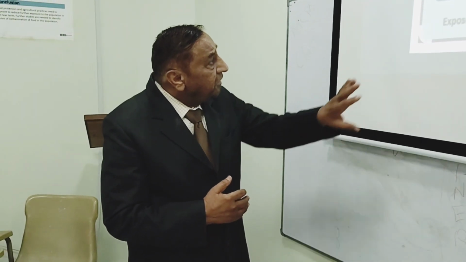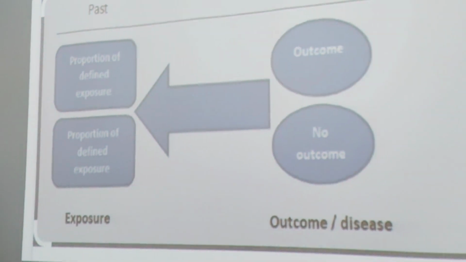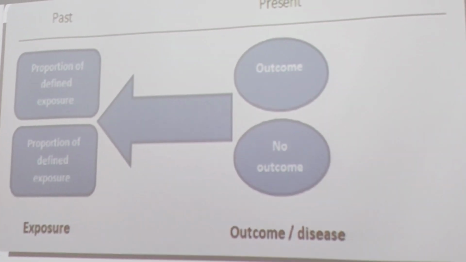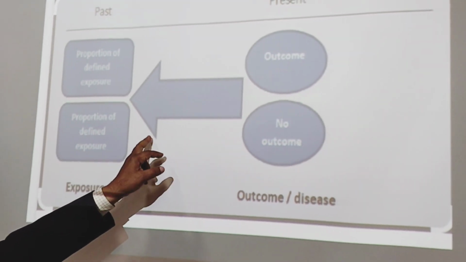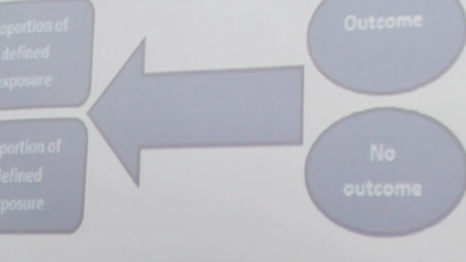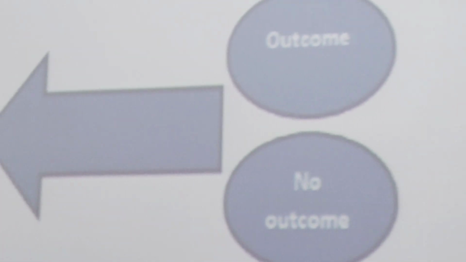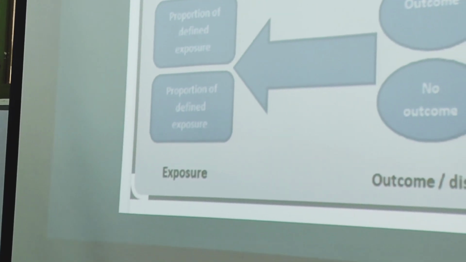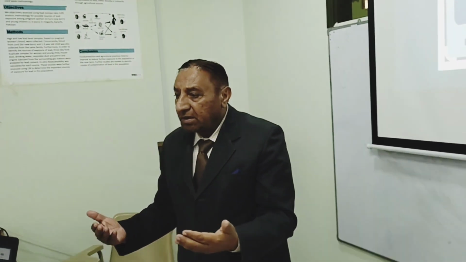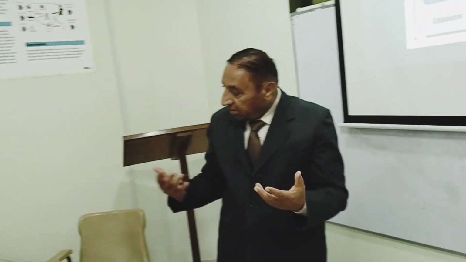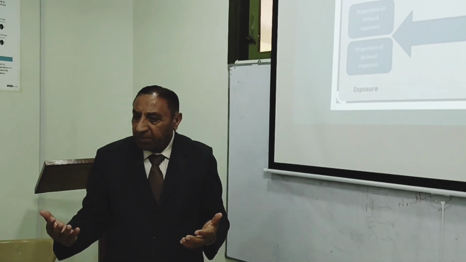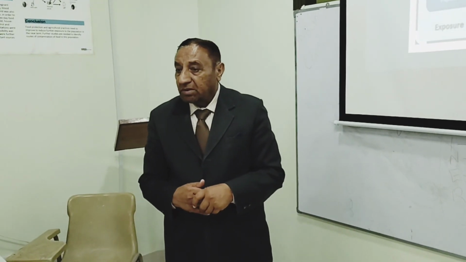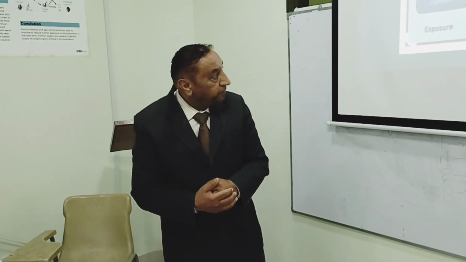You can understand the direction of the case control is from present to past, and this arrow beautifully shows that the study starts in the present and goes back as much as possible. It can be 1 year, 10 years, or 20 years, depending upon your resources, your will, and the type of study.